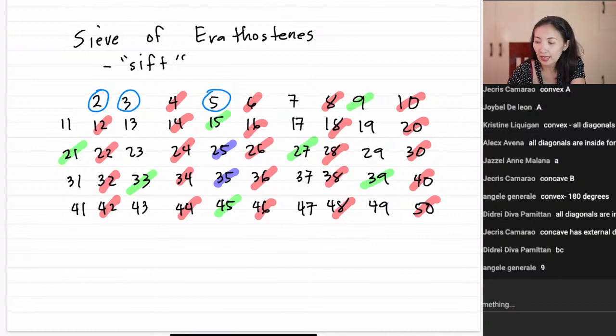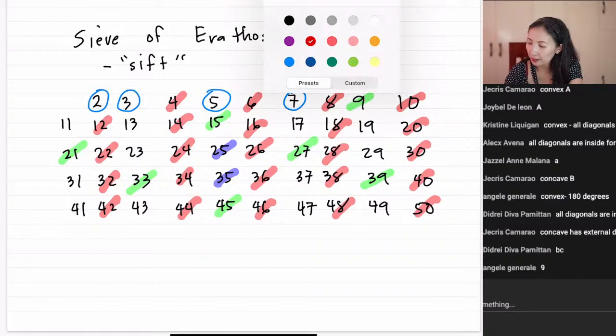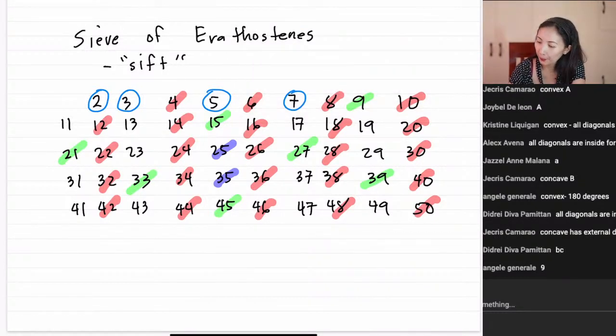Next, the next unmarked number is 7. From 7, we will now cross out all multiples of 7. The next to 7 will be 14. 7, 14, finished. 14, 21, finished. 28, finished.